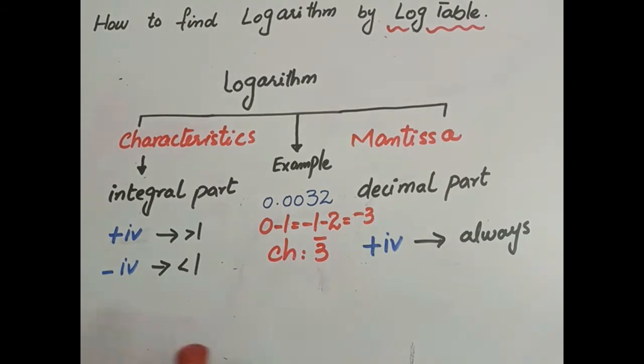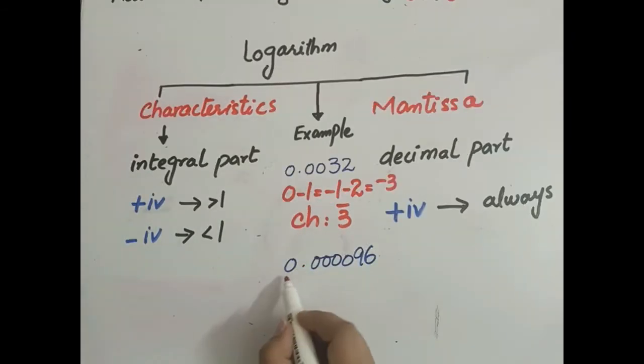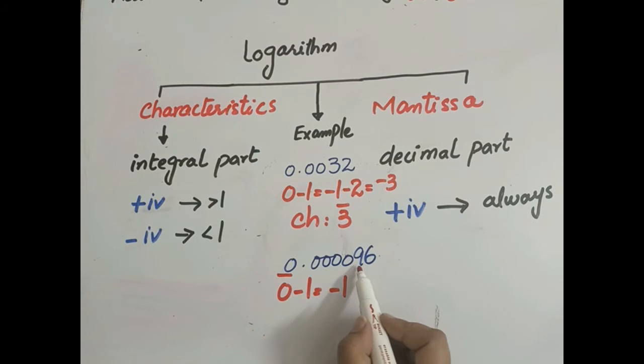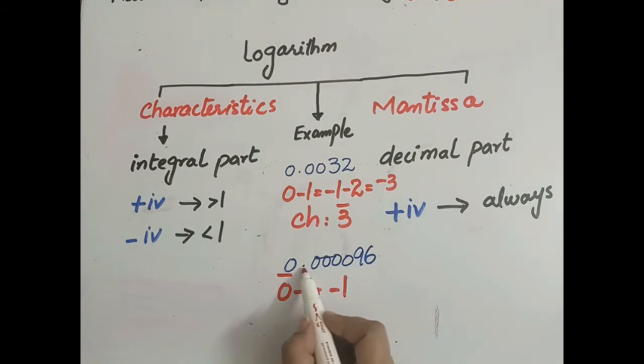Fine. Let's do another example of it. Here in this example, as you see, there is no digit in the integral part. This is called the integral part. So there is no digit in the integral part, so it means 0 - 1 we have to do, and the answer is -1. And you see that the digits are not starting right after the point.